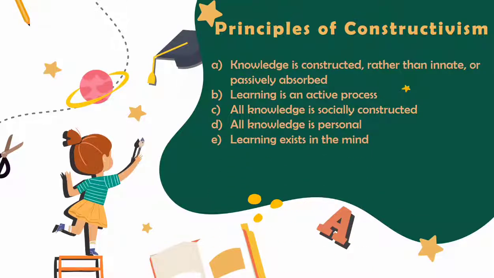Letter E. Learning exists in the mind. The constructivist theory posits that knowledge can only exist within the human mind and that it does not have much of any real-world reality. So learners will be constantly trying to develop their own individual mental model of the real world, and it's from their own perceptions of what the world is.